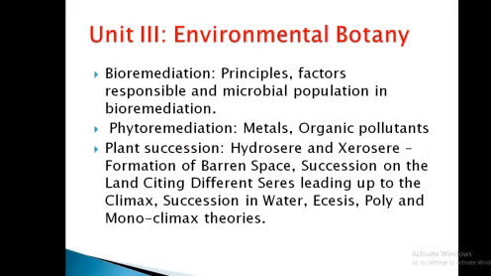By using plants, we can remove metals, toxic products, or organic pollutants from the soil. It is called phytoremediation. Next, plant succession. There are 2 types of succession, that is hydrosere and xerosere, which include different parameters and stages of succession. Last, climax, and monoclimax and polyclimax theories.